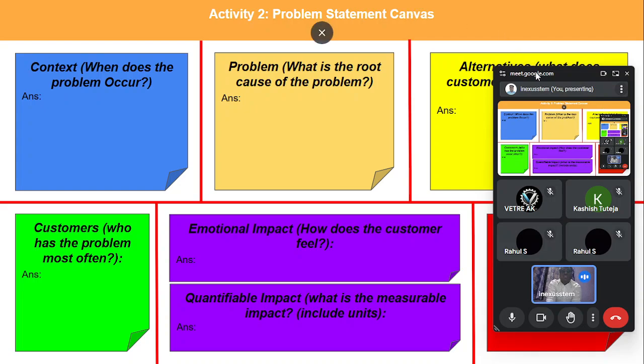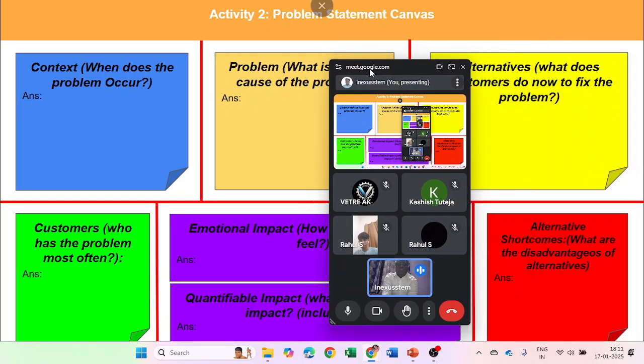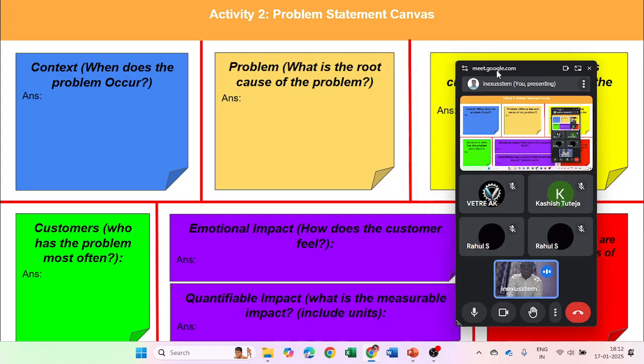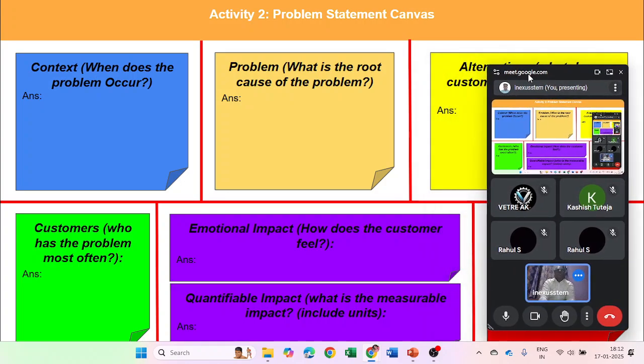And then alternative shortcomings: in that, you may write about the disadvantages of the alternatives while you are considering solving the problem. Likewise, you may develop the problem statement canvas. These activities were given by me to you all for framing your problem statement. This week's work, that's all.